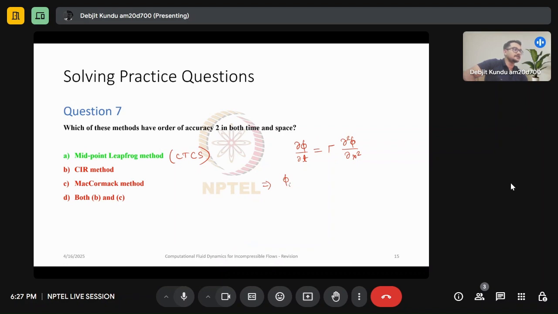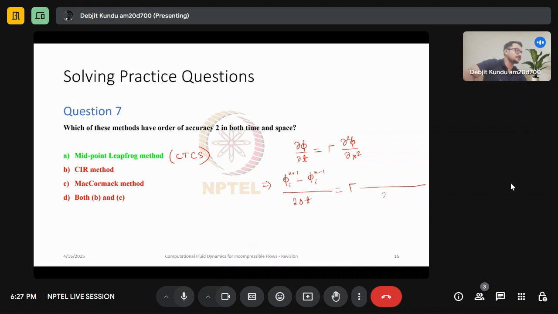phi I n plus 1 minus phi I n minus 1. So at n you take a central difference divided by 2 delta t, and on the right hand side you take a spatial derivative at time level n.